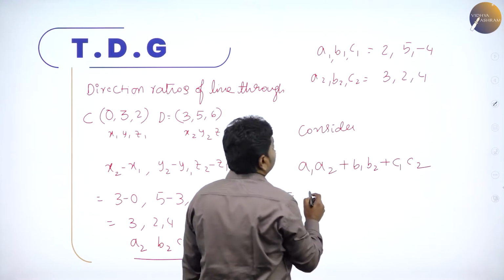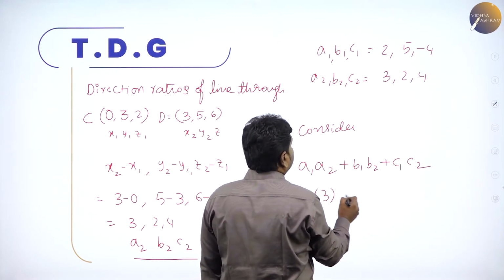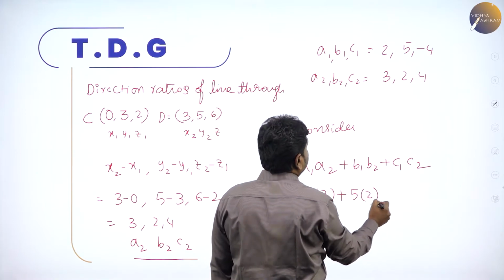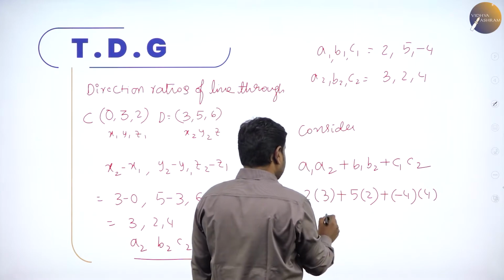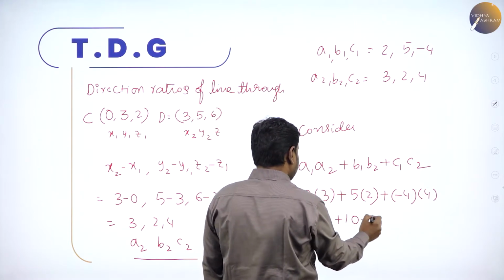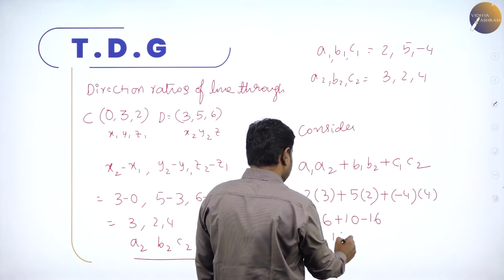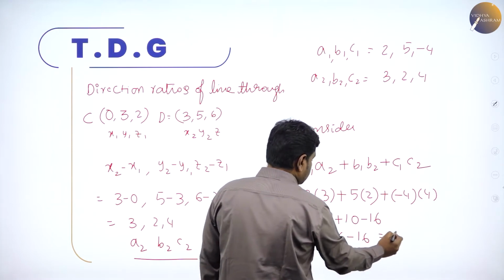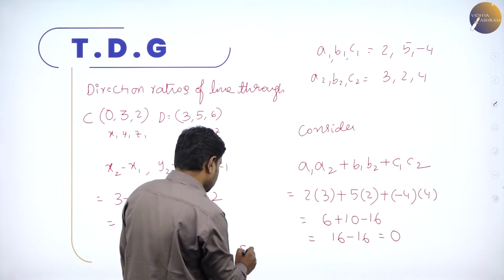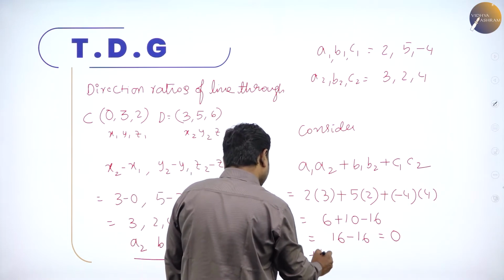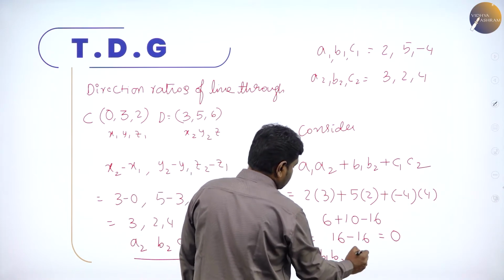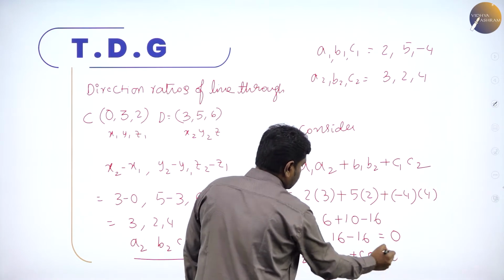Now a1 a2 means 2 into 3, plus b1 b2, 5 into 2, plus c1 c2, minus 4 into 4. So 6 plus 10 minus 16. So 16 minus 16 is equal to 0. Therefore a1 a2 plus b1 b2 plus c1 c2 is 0.